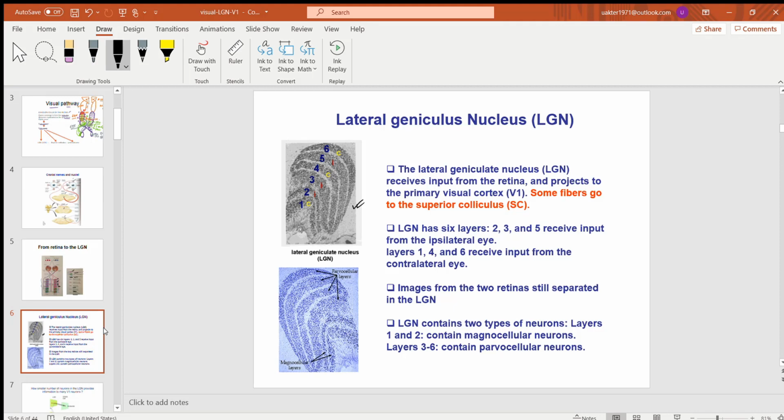So you can see how the layers are separated by connective tissue membranes, and the input from 2 different eyes are kept separated, that I mentioned, in these layers.